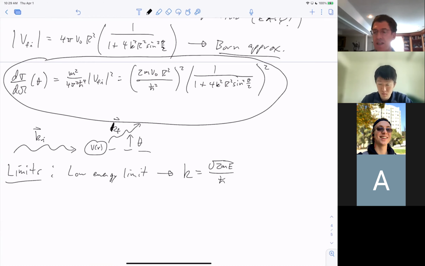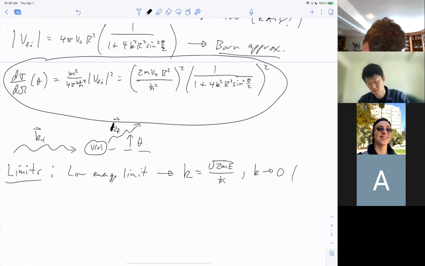And so in the limit that the energy goes to 0, what does k do? k goes to what? 0. Right. And that's the same as the wavelength doing what? Low energy limit means that the wavelength gets really long. Exactly. So this is the long wavelength limit, or the low energy limit. It's the same thing.